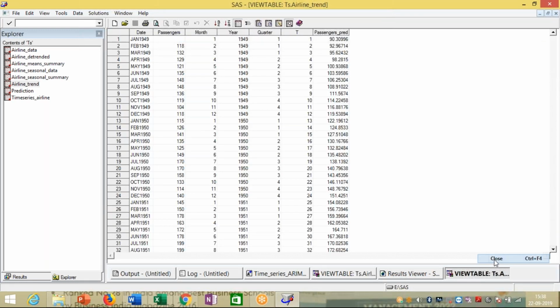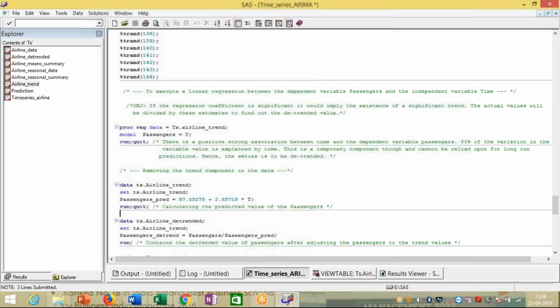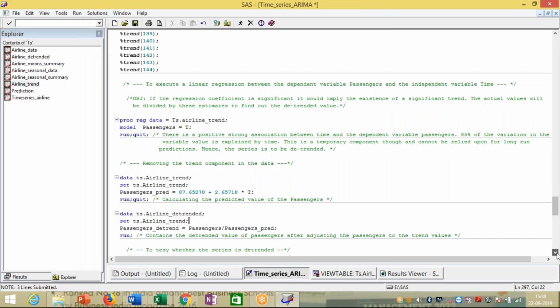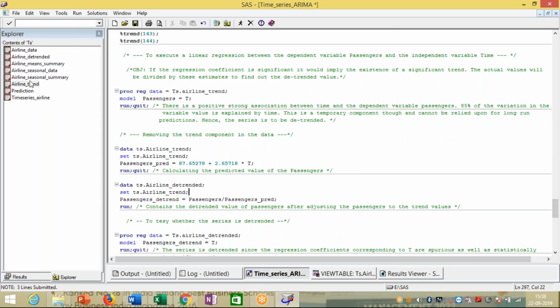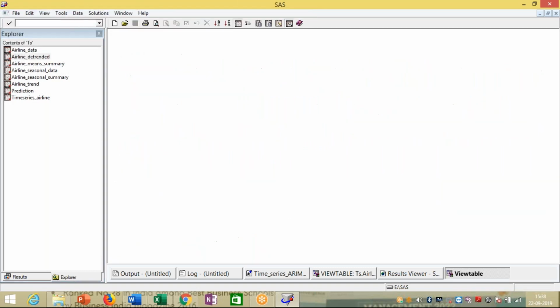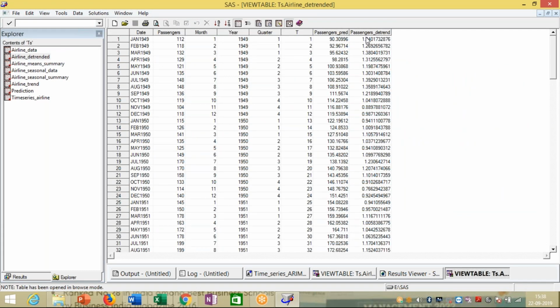What we do is a very simple exercise. We say that the passengers detrend is nothing but the total number of passengers divided by the passengers predicted, right? And what we are trying to do over here is multiplicatively adjust the trend. So when I detrend the value, the detrended multiple is 1.24, 1.40, or something like this, right?